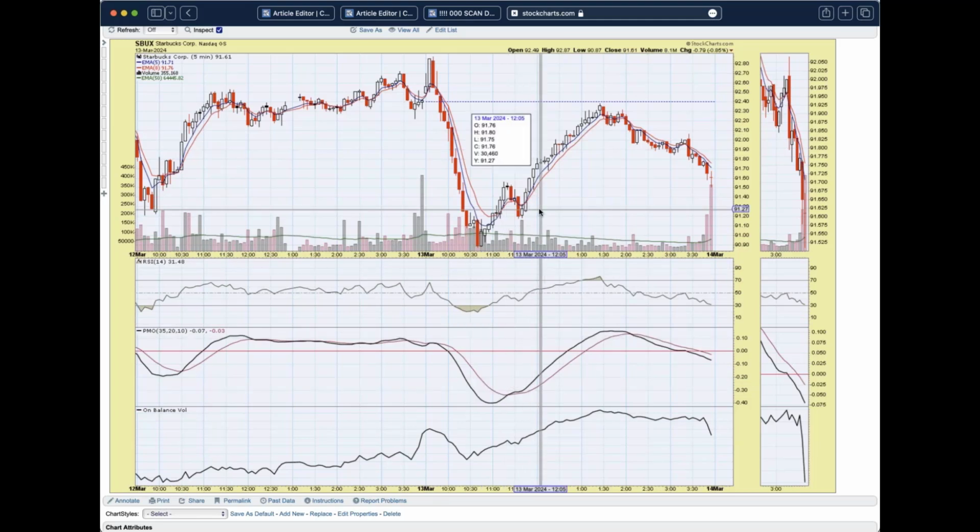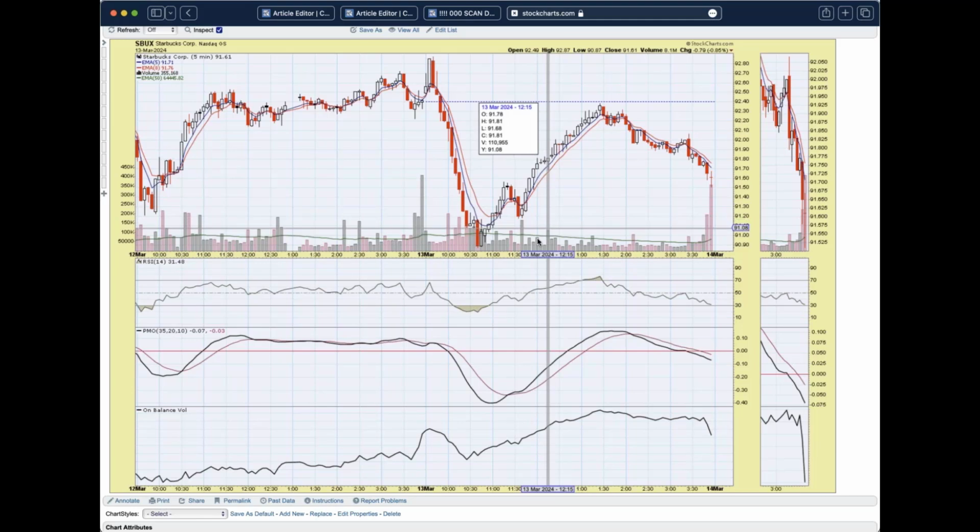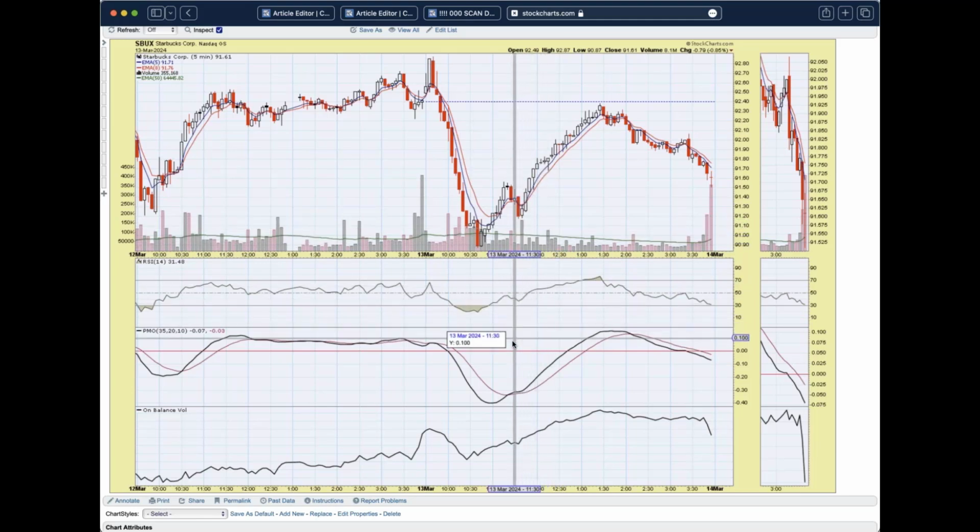So if you are able to watch these 5-minute candlestick charts, you're going to find that you can really improve when you get in and when you get out. And it doesn't require sitting here and looking at it for 8 hours while the market's open. You really don't have to do that. Just keep an eye on what we saw as prior buy points.